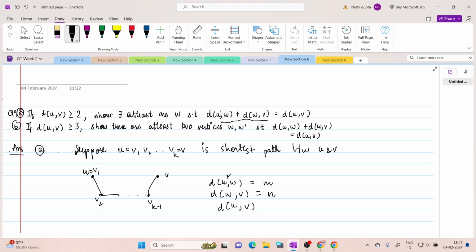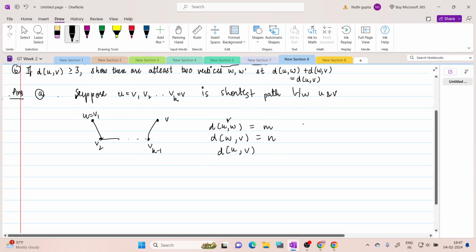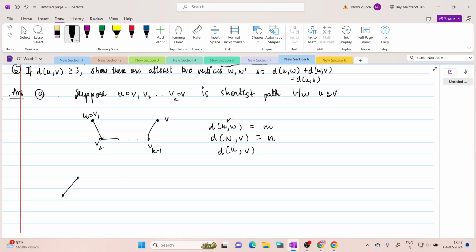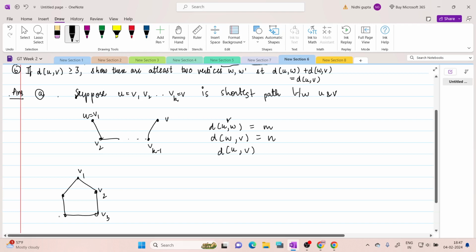Suppose this is in C5 only. This equality need not be true always. Suppose in C5 we have the vertices V1, V2, V3, V4, V5.